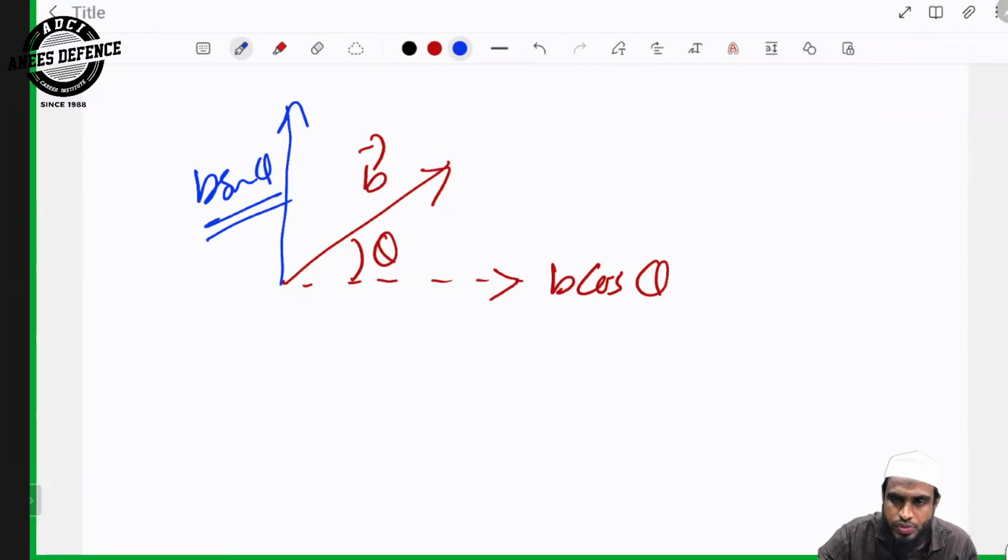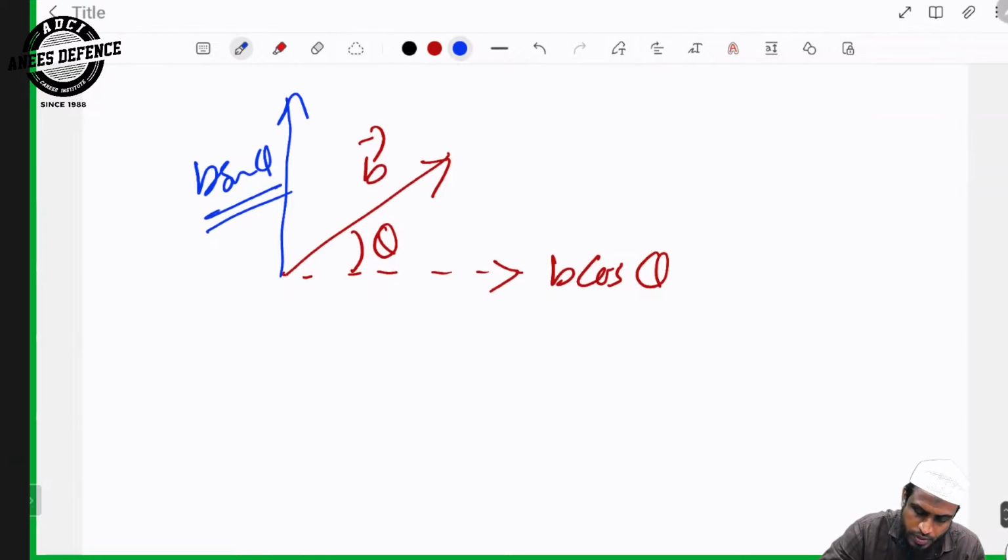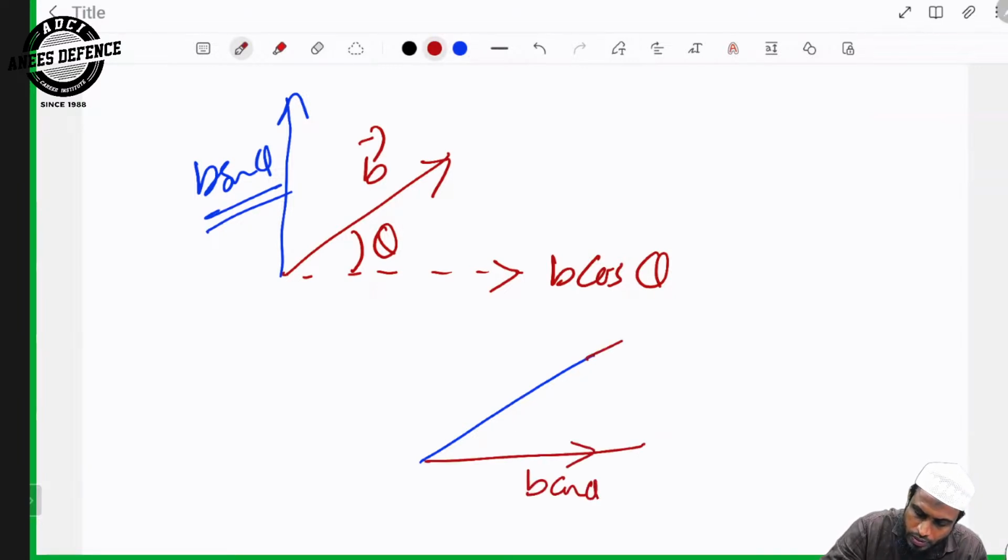By using the Pythagoras or the right triangle concept only we are writing. So, for example, this is B cos theta and this is B sin theta.